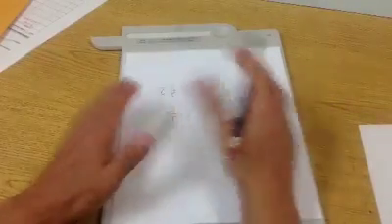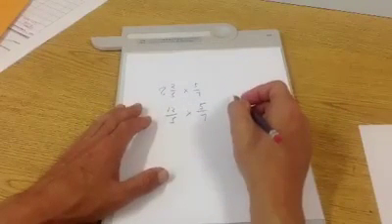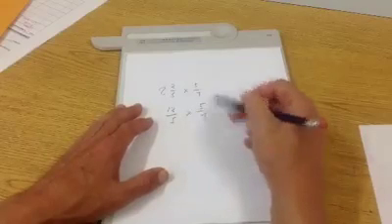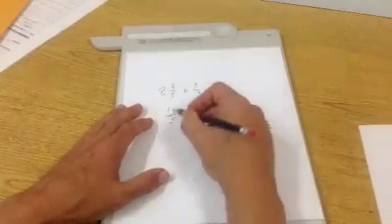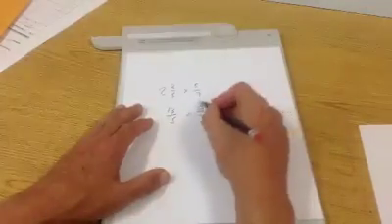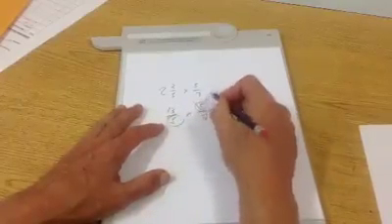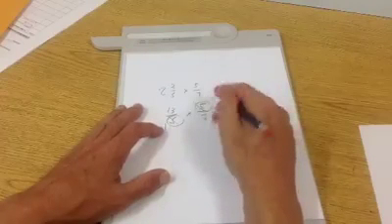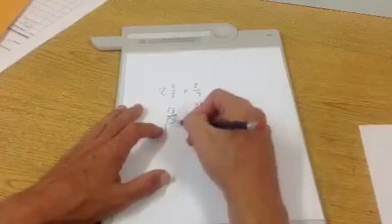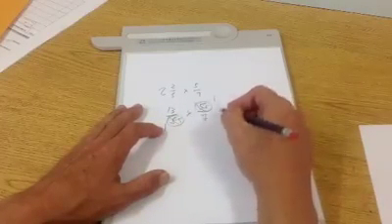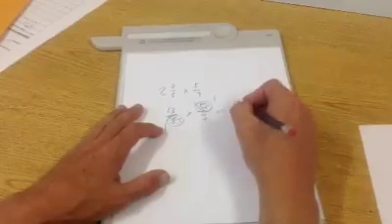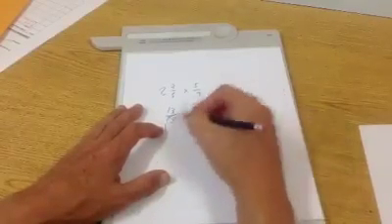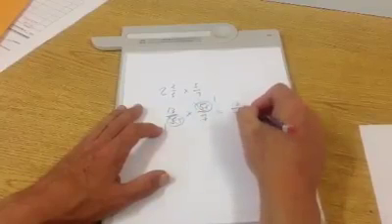In this case, I would absolutely simplify before I multiply. 13 and 7, there is no common factor, but 5 and 5 simply turn into ones because 5 is the greatest common factor, and 5 divided by 5 is 1. So now I have 13 times 1 is 13, 1 times 7 is 7.